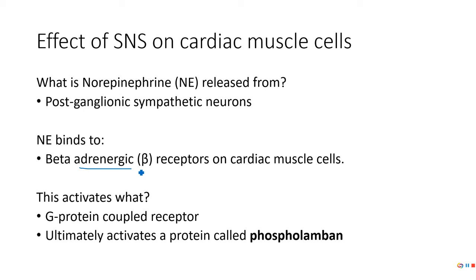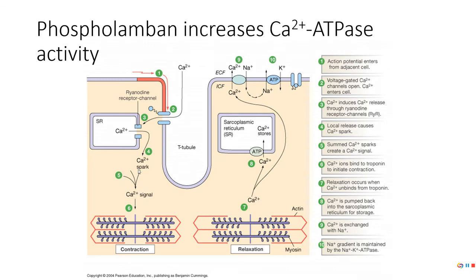Okay, if you remember from our muscular unit, there is a pump on the sarcoplasmic reticulum called the calcium ATPase pump. Now there is a lot going on in this figure, and I want you just to focus on this part right here. That's that calcium ATPase pump. Phospholamban basically makes that pump work more, or increases the activity. And as a result, we increase the amount of calcium that goes back into the sarcoplasmic reticulum.